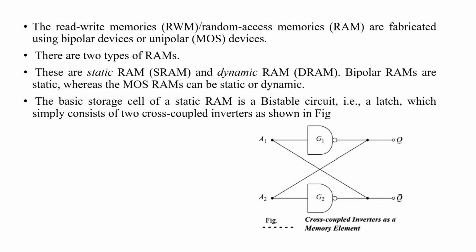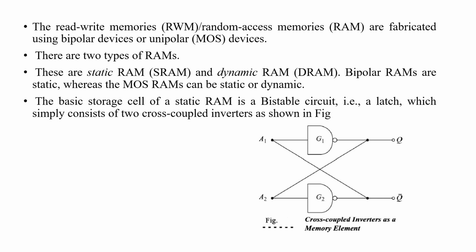The read-write memories or random access memories are fabricated using bipolar devices as well as MOS devices. There are two types of RAMs: static RAM, also called SRAM, and dynamic RAM, DRAM. Bipolar RAMs are static, whereas MOS RAMs can be static or dynamic.